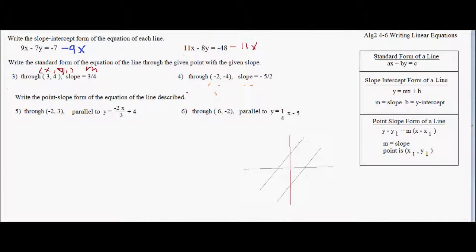And it says write it in point slope form. So y minus y1 equals m times x minus x1, right? Well, y minus y1 is 3 equals m. Well, the slope would be minus 2/3.